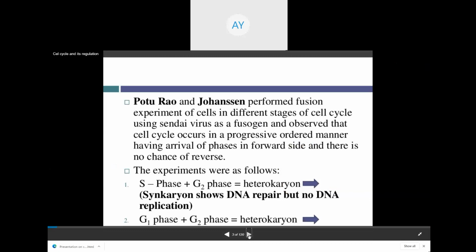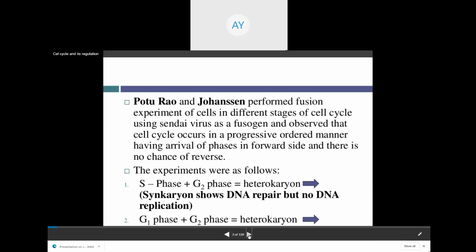Okay, so you see S phase plus G2 phase, that is heterokaryon, means DNA repair synthesis but no RNA synthesis. So you have to know in which phase of the cell cycle the formation or replication of DNA occurs. That is the S phase.